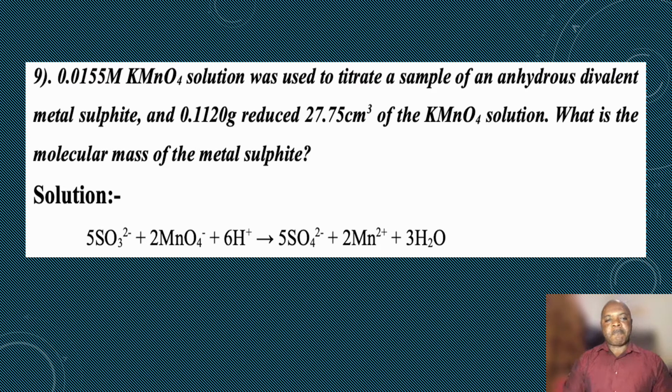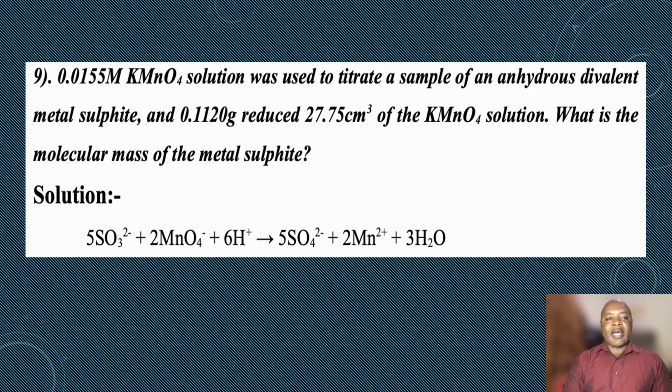It's very, very simple. The first important thing is you must know how to write your redox equation for the metal sulfide and the acidified manganate 7 ion.